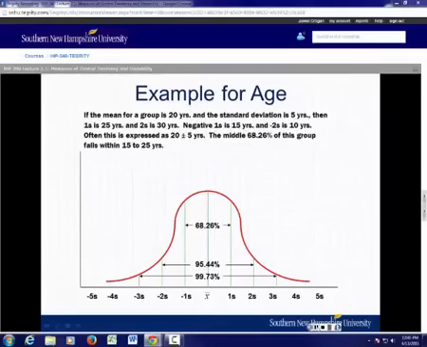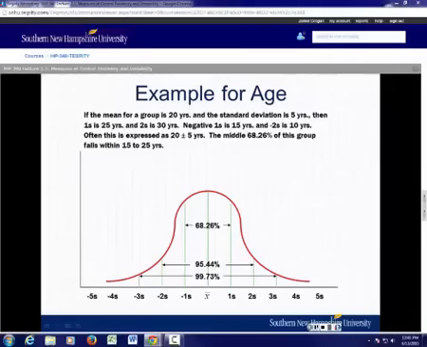So for this example, the group is 20 years old with a standard deviation of 5 years. That means that the score that is 1 standard deviation above the mean is 25 years. And the age that is 1 standard deviation below the mean is 15.